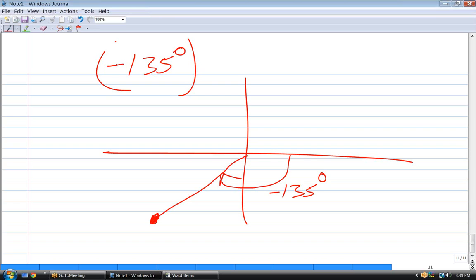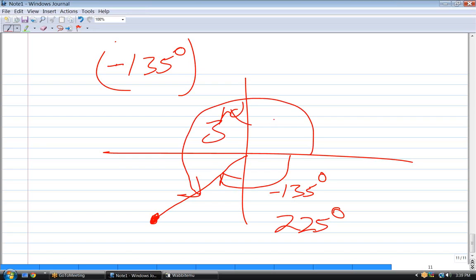In other words, that's the same as a 225-degree angle, which is in the third, and there is nothing wrong with doing that. In other words, always take 360 minus this to figure out what the equivalent positive angle would be, and then you know where that is. But it's easy enough to do when you look at it from a negative angle perspective, in other words, when you go clockwise instead of counterclockwise.